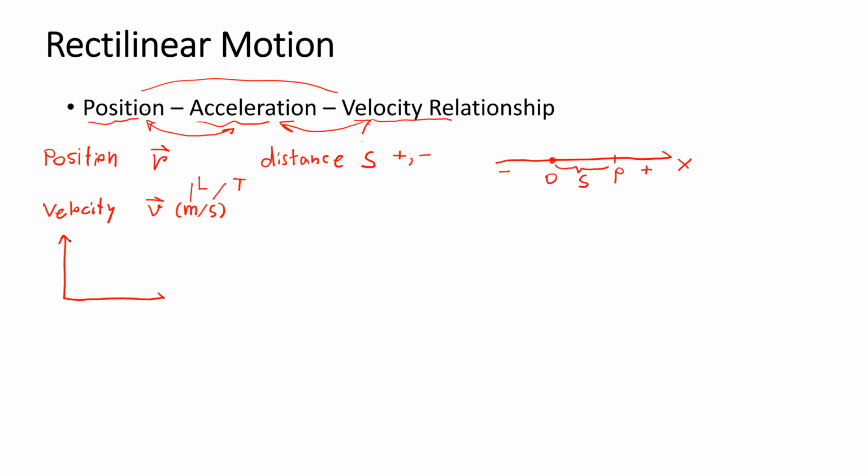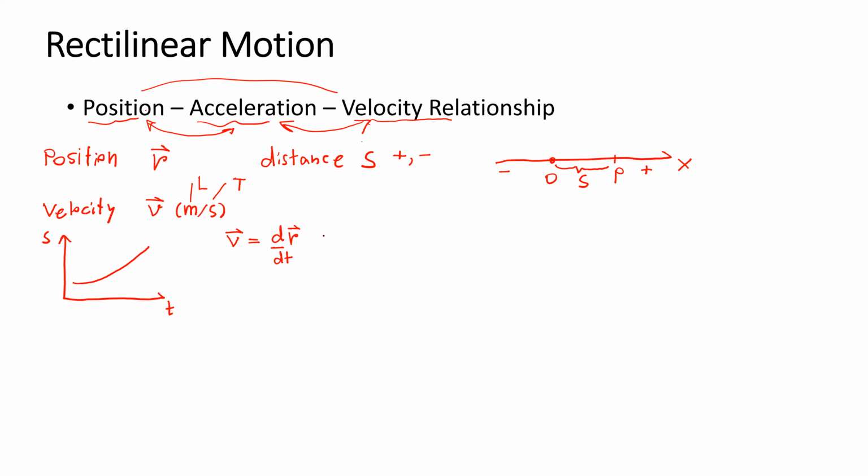If we plot the relationship between the position and time, the velocity is the time derivative of the position.